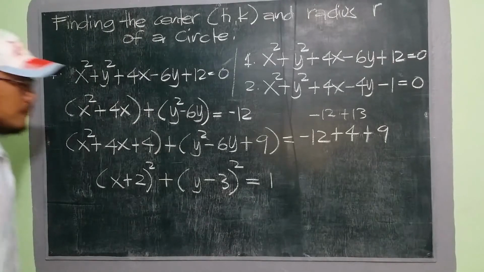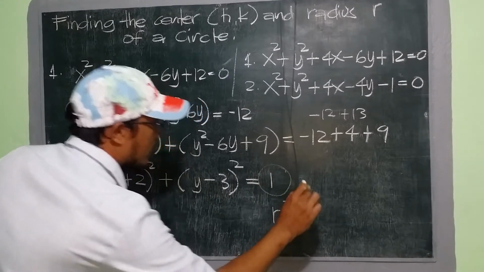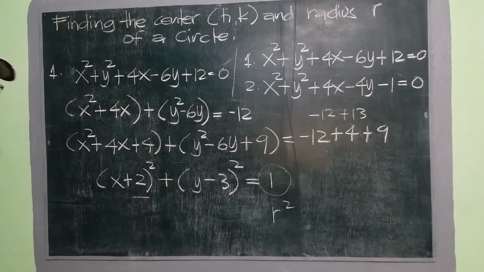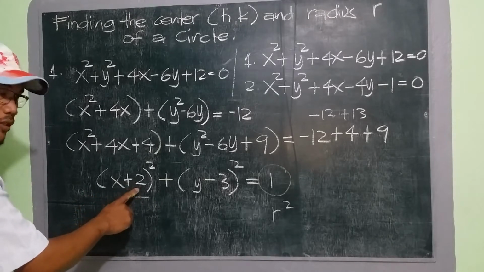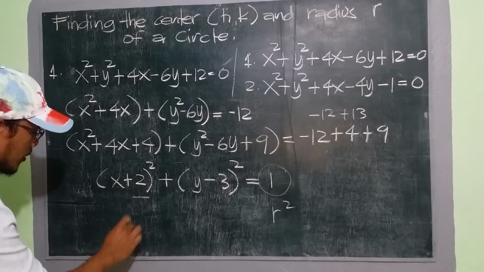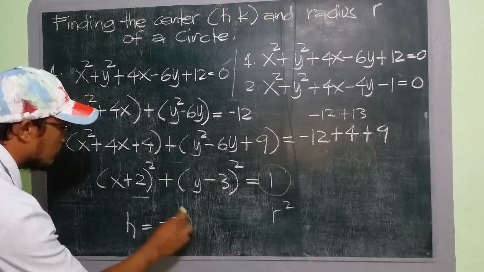So now we have, remember, 1 here is our r squared. And then 2 is our h. Remember, since we have positive here, it means our h is equal to negative 2.